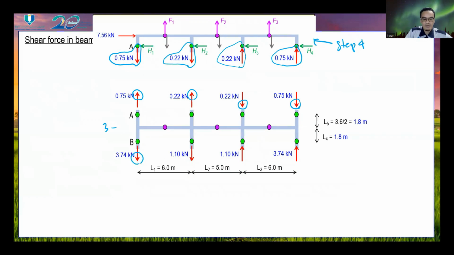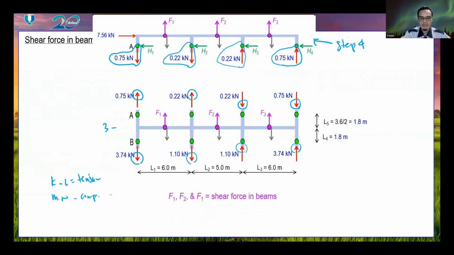Make sure the direction is similar to the earlier stage, in which we consider that columns K and L will experience tension, and columns M and N will experience compression.